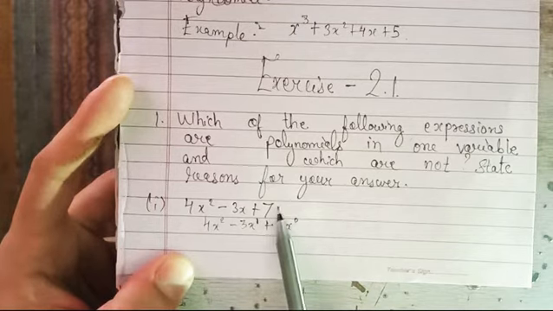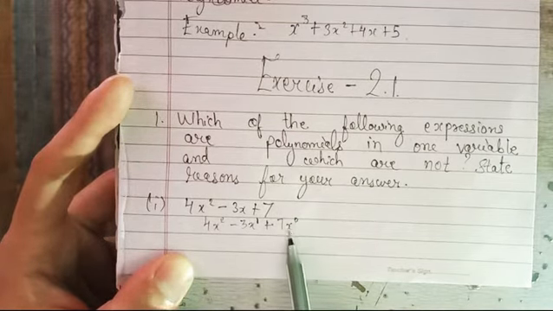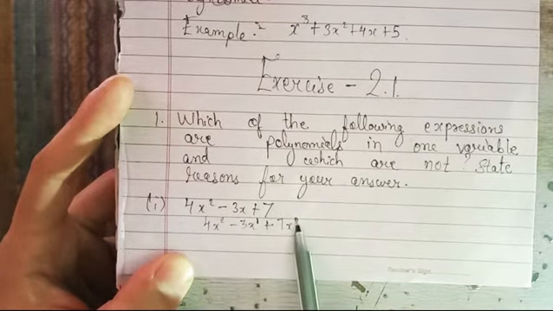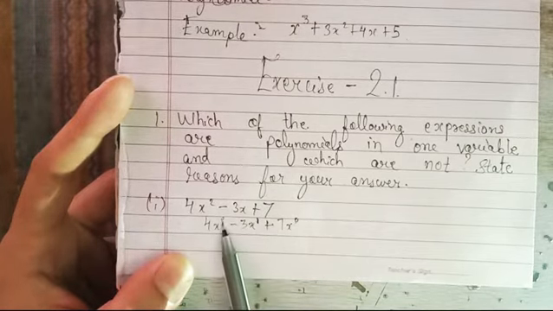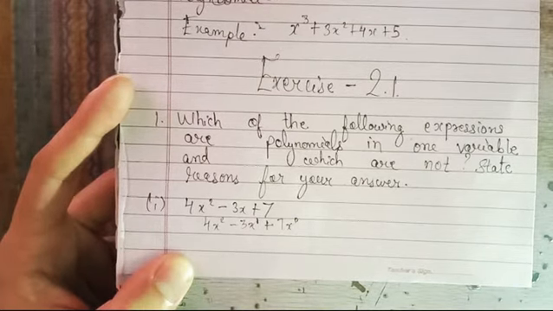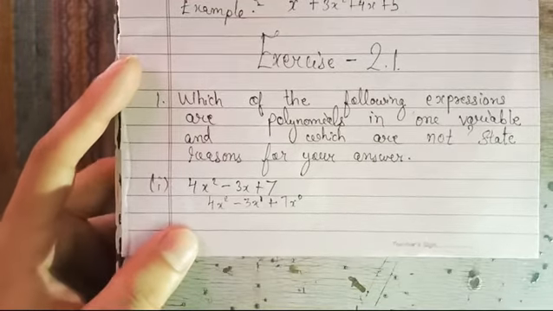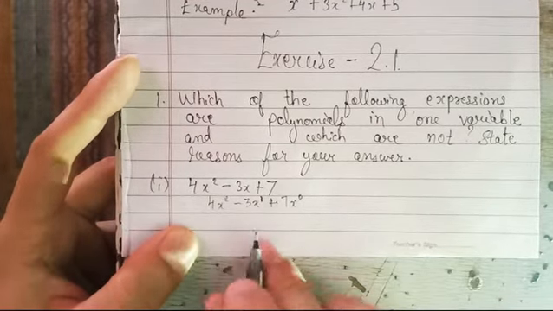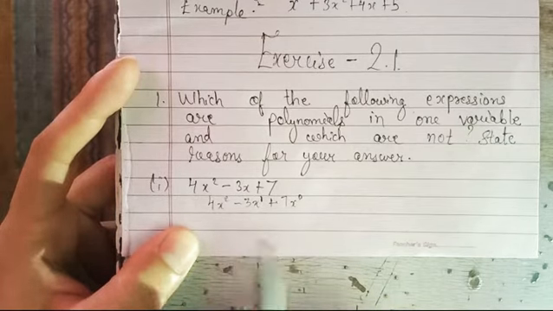So here 7 is multiplied with 1, so instead of 1 we can write x to the power 0 over here. So here the exponent is 0, here the exponent is 1, here the exponent is 2. That means all these exponents are whole numbers. Since all the exponents are whole numbers, we can say that it is a polynomial in one variable.